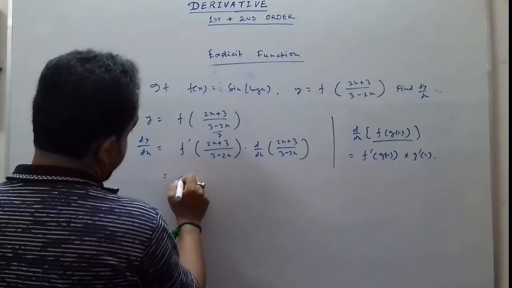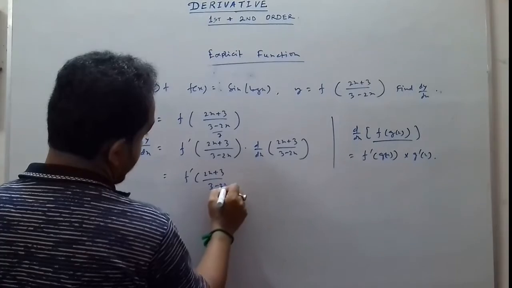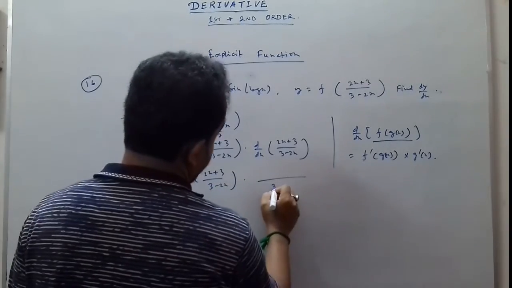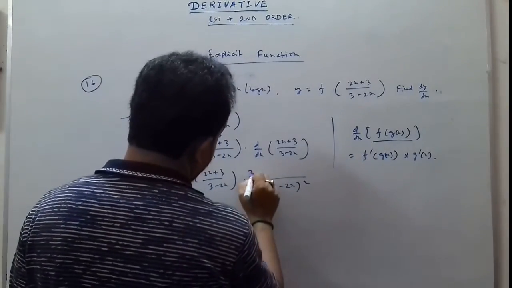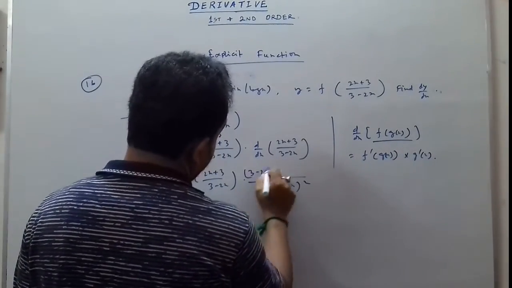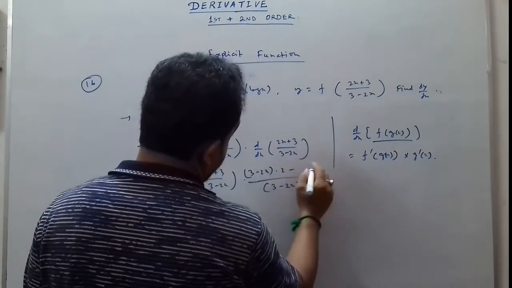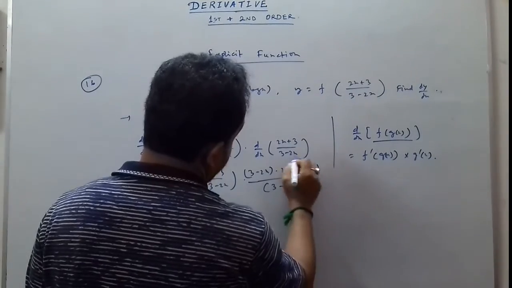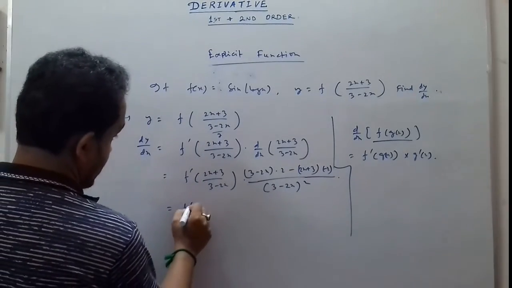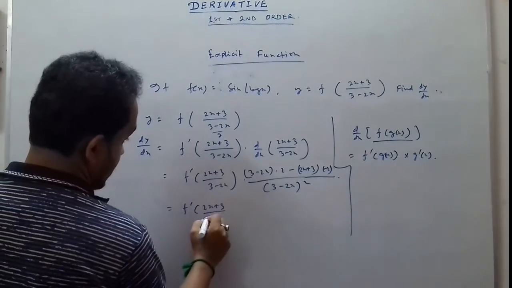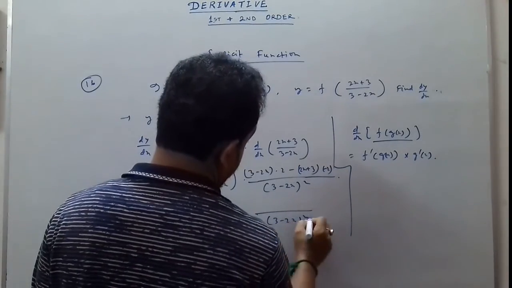So f' of (2x plus 3) divided by (3 minus 2x) into, by the quotient law, (3 minus 2x) into derivative of numerator, which is 2, minus (2x plus 3) into derivative of denominator, which is minus 2, divided by (3 minus 2x) whole square.